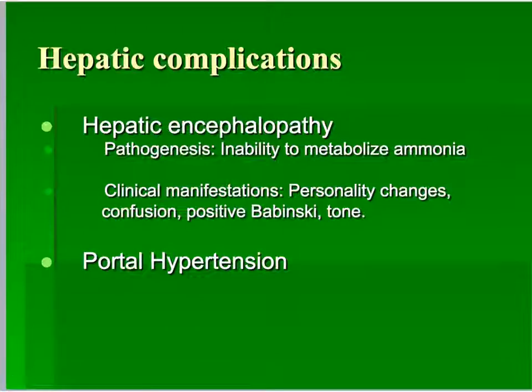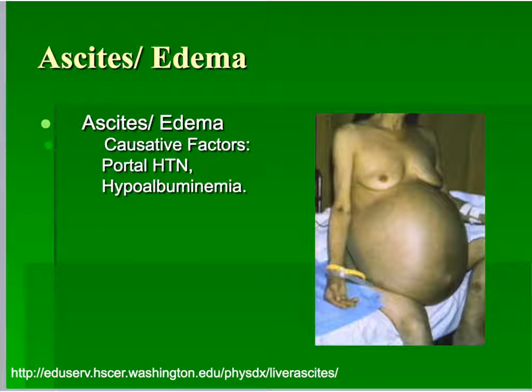That increased hydrostatic pressure leads to what we call ascites or edema, which is these very large bellies or abdominal sizes because of fluid in the peritoneal space. That's what ascites is: fluid in the peritoneal space.